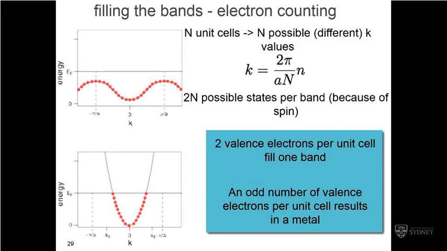We need states for 2N electrons, and that's exactly what we have. If you have a material with an odd number of valence electrons per cell, then you will never be able to completely fill up a band, because you need 2N. So let's do an example.